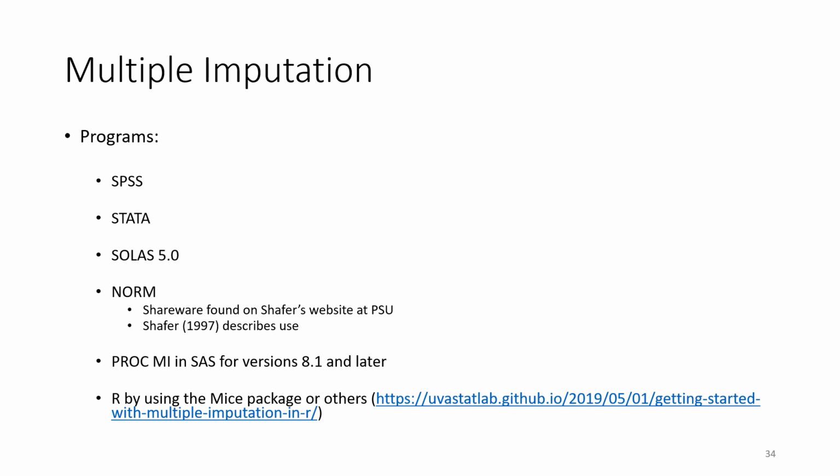Norm, which is a free shareware program provided by Schafer. PROC MI, which can be run in SAS. And finally, there are packages in R, including the mice package. And I'll give you a link for doing multiple imputation in R using mice.